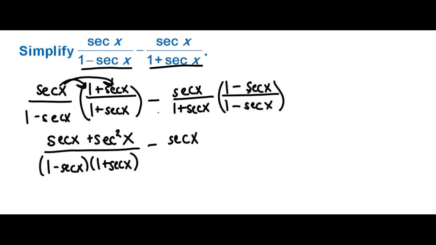And then I will have a plus sign here. So I'm going to essentially have negative secant of x times negative secant of x, which gives me a plus secant squared of x.